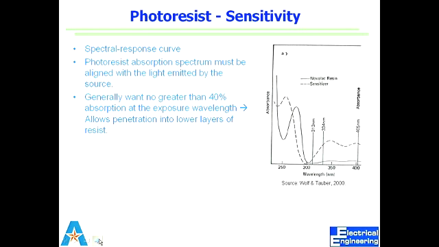So we need to choose, and we need to know our resist and what lithography wavelengths, what optical wavelength we need to do our exposure. But then they add the sensitizer and other chemicals, with which we can change the response to different wavelengths.